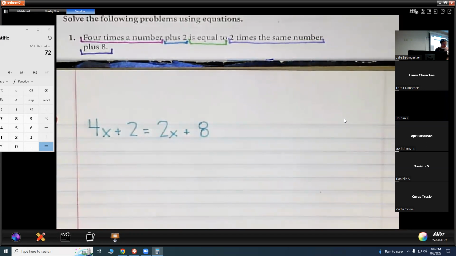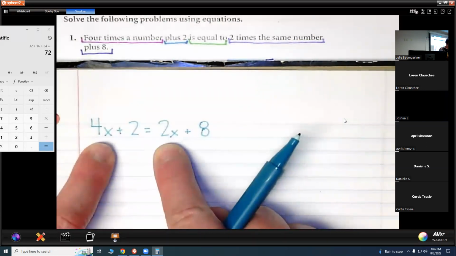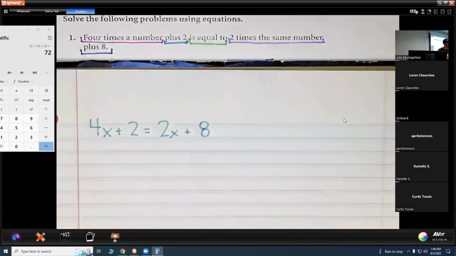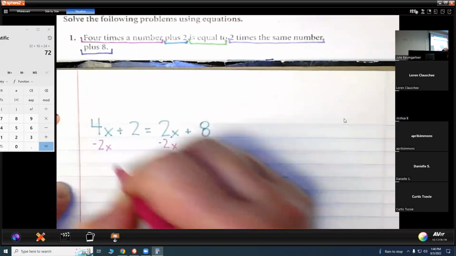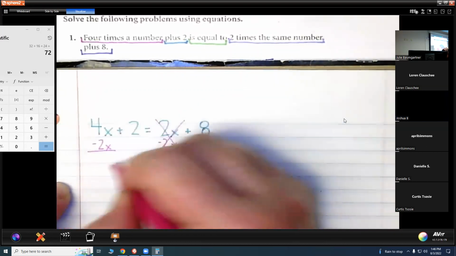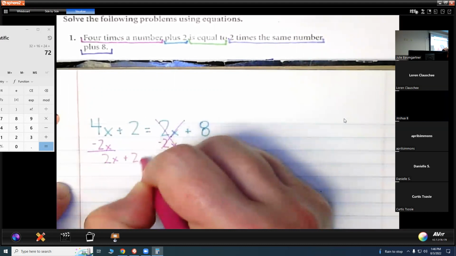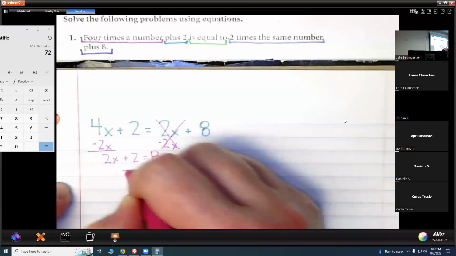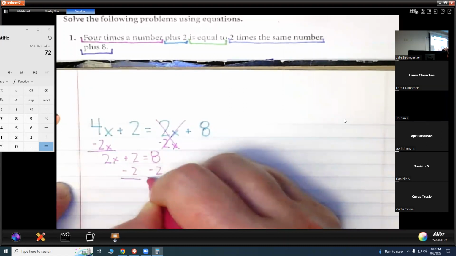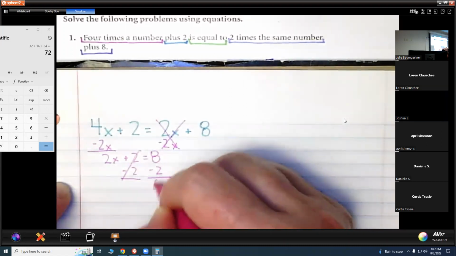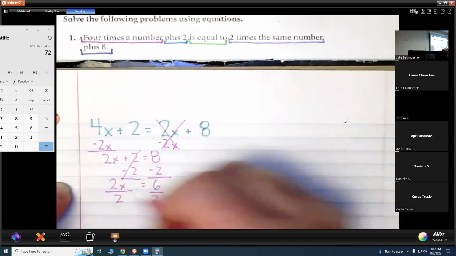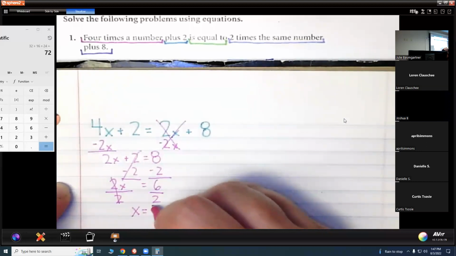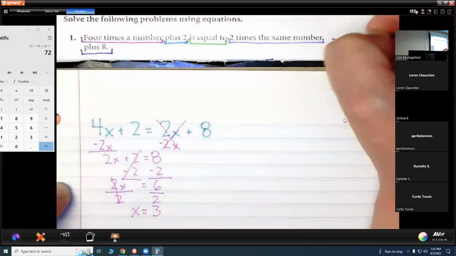I have like terms on either side of my equal sign, so I need to deal with that first. I'm going to subtract 2x from both sides of my equation. Now I have 2x plus 2 equals 8. Then I'll subtract the 2 from both sides. 8 minus 2 is 6, equals 2x. Divide both sides by 2. x equals 3. So that's the answer to number 1.